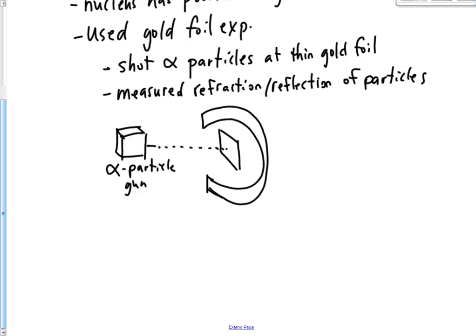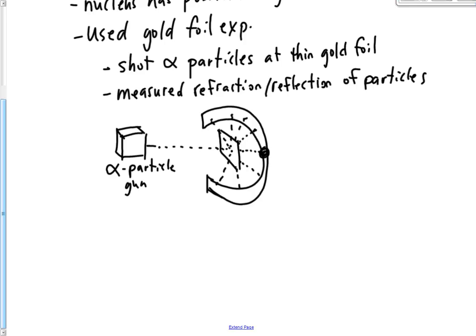And what he found was that most of the particles went right through and hit the back, okay? The particles went right through the foil and hit the back, didn't move at all. But what he found is that some of them got reflected or refracted backwards. So there was a small number that would hit, in various spots on this wall around it.